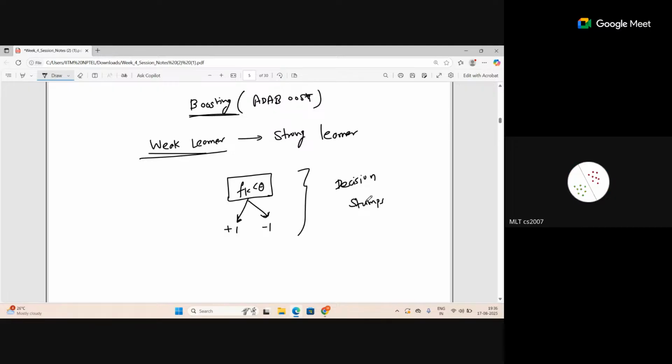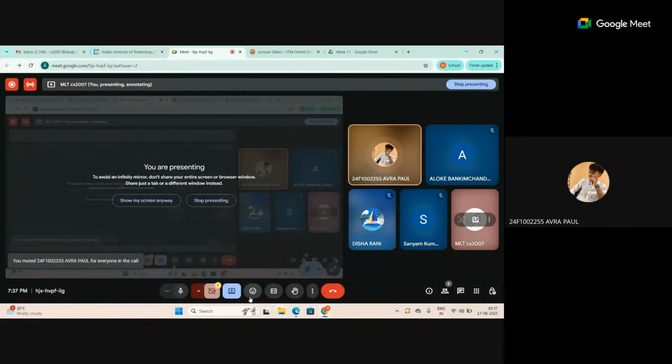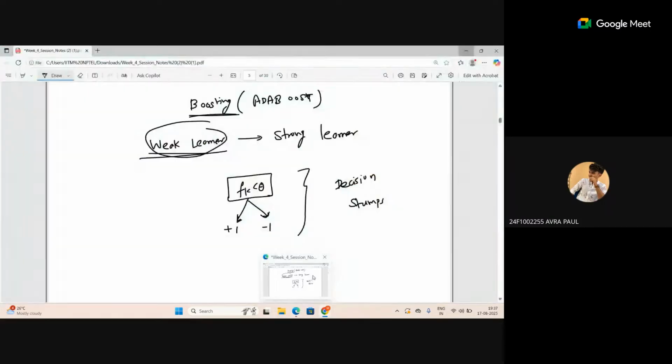If you use only one or two levels, they are called decision stumps, and they are generally weak learners because they have not learned much. There might also be a possibility that at most two questions are needed to correctly classify the data. Then it can also be a strong learner.